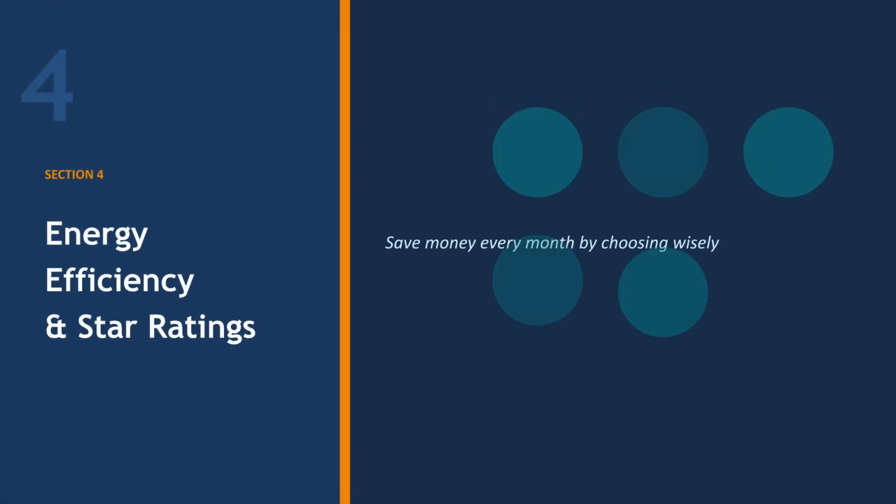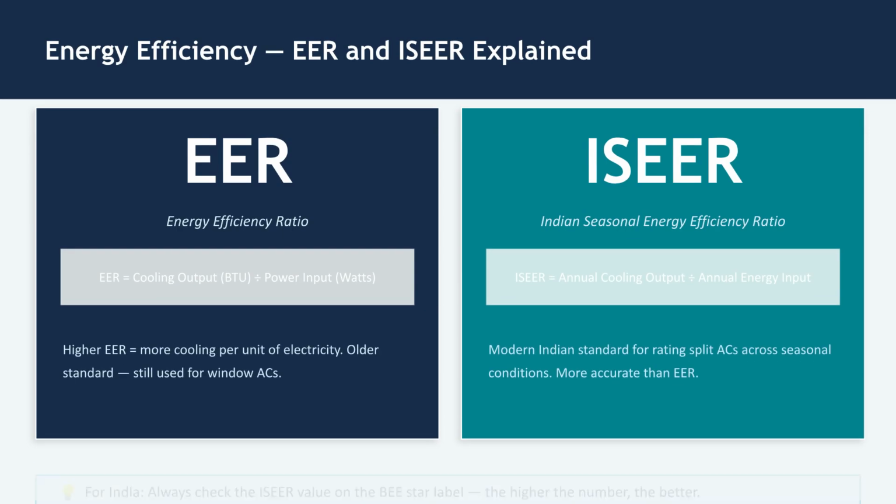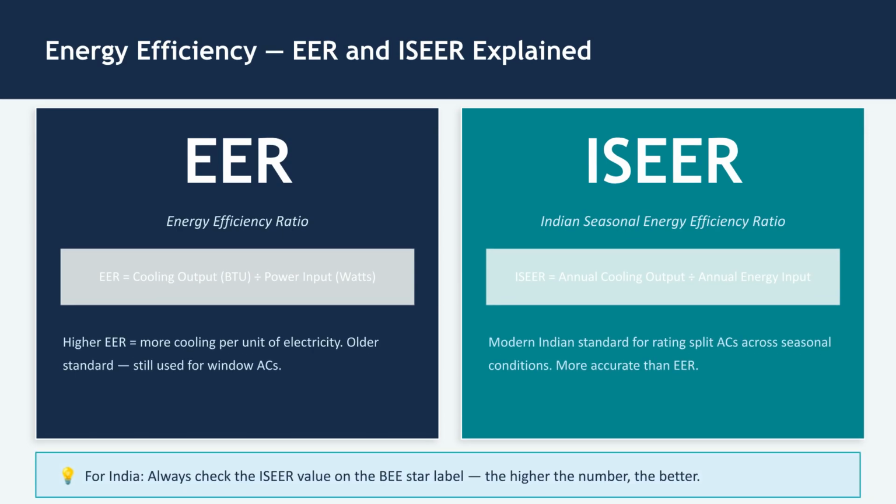Section 4 covers energy efficiency and star ratings. Choosing wisely here can help you save money every month on electricity bills. Energy efficiency ratio, or EER, is the cooling output divided by power input. ISEER, or Indian Seasonal Energy Efficiency Ratio, is the modern standard for rating split ACs across seasonal conditions, offering a more accurate measure than EER.